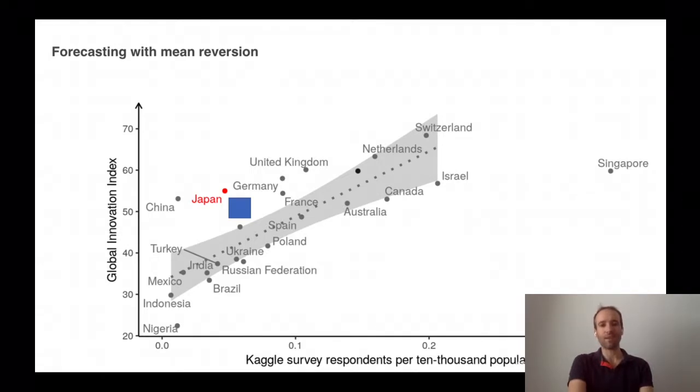So you could say that Japan, in about 10, 20 years, would trend towards the linear regression here, which is exactly this direction. So you could say with high certainty that Japan will lose rank in the innovation index and that it will gain in prevalence of data scientists per 10,000 population.